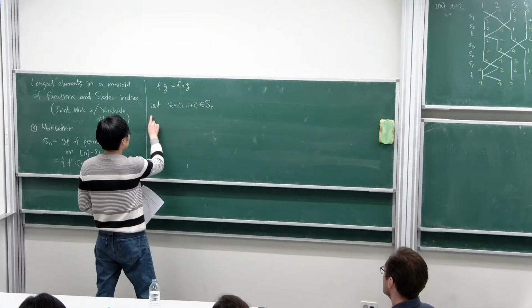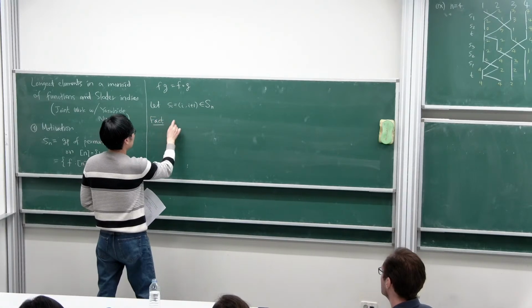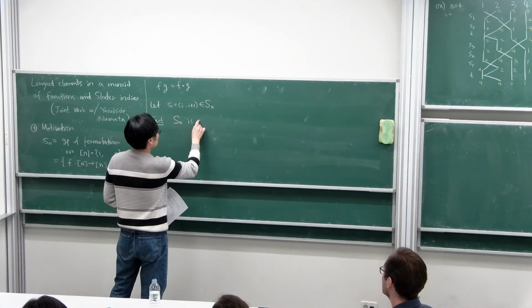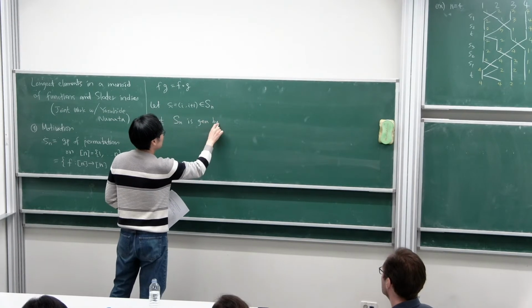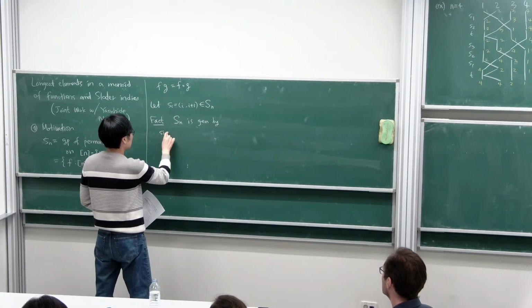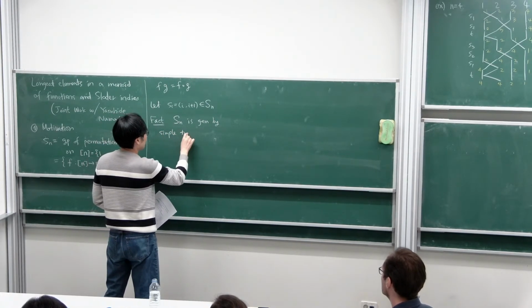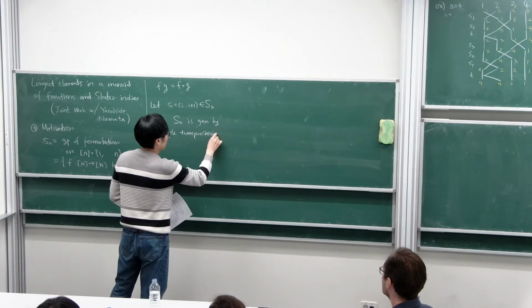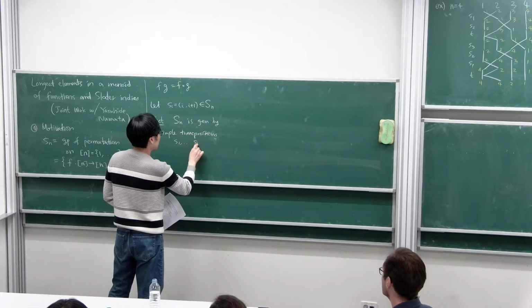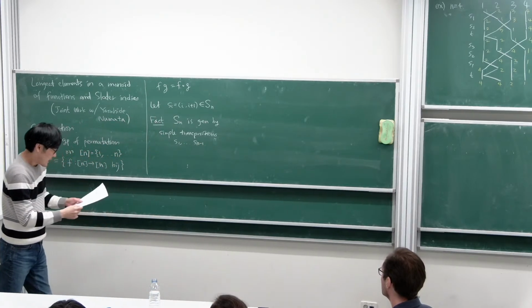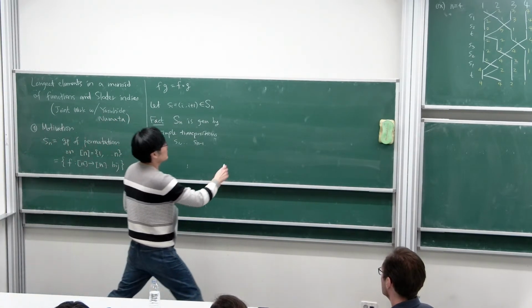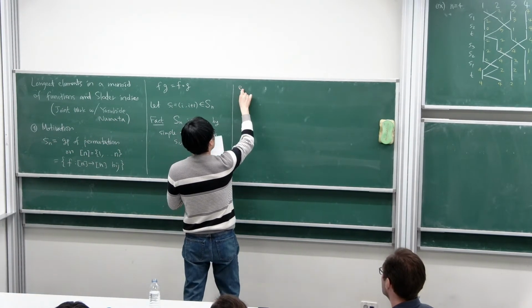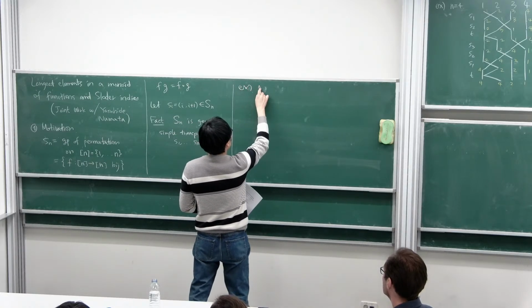A well-known fact is that Sn is generated by the simple transpositions s_1, ..., s_{n-1}. Let me give you an example: n equals 4.